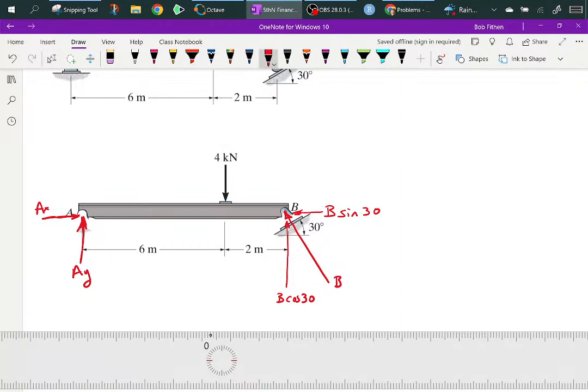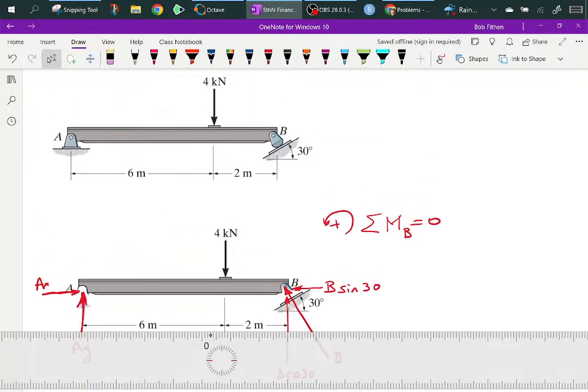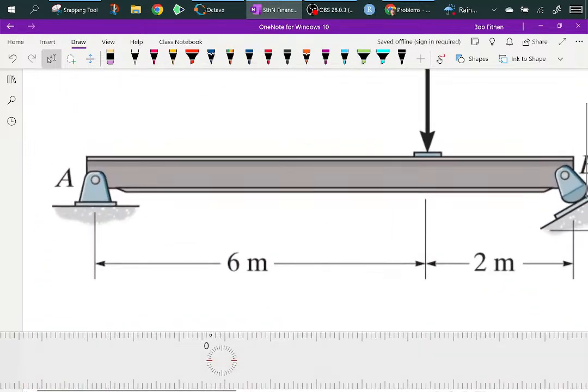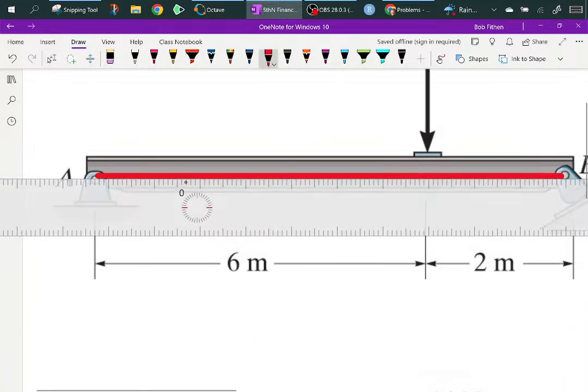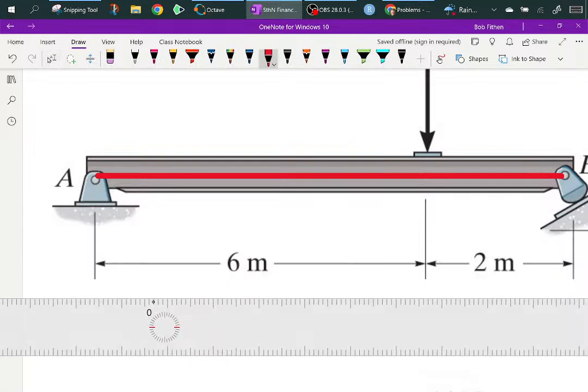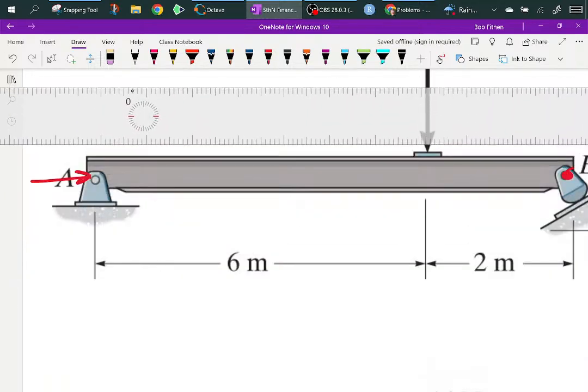So now you've got a couple of choices. You can do some of the moments. First thing I like to do is look for points that can help me here. I'm going to pick point B. Since these points almost line up, I would think this X force would not supply a moment about B. And so that's the approach I'm going to take.